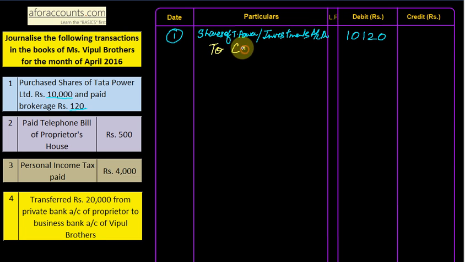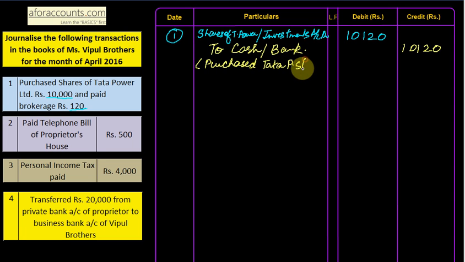So to cash or bank 10,120. So the entry is purchase Tata Power shares, that is your narration. Purchase Tata Power shares.